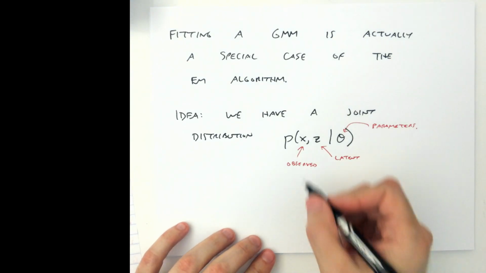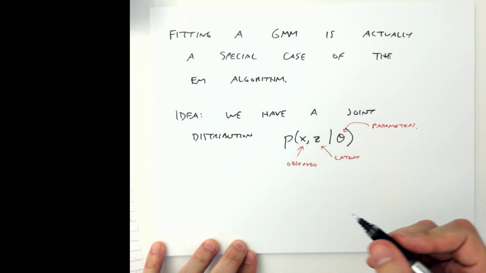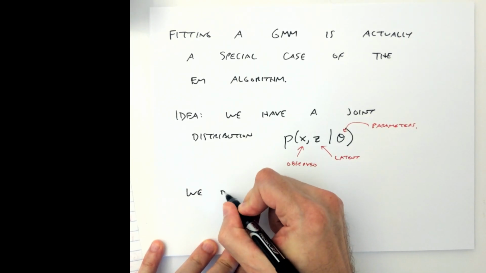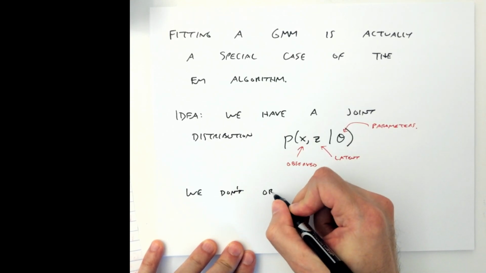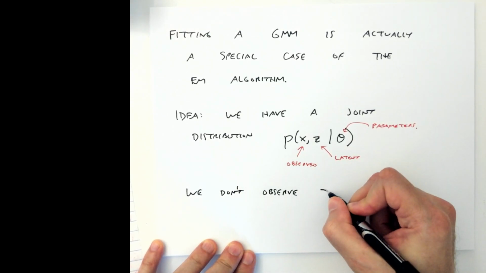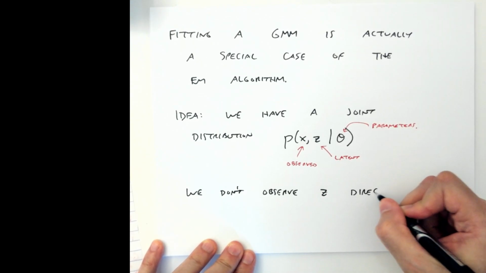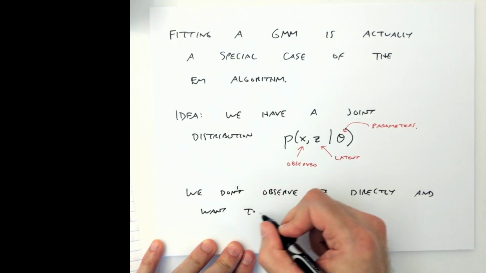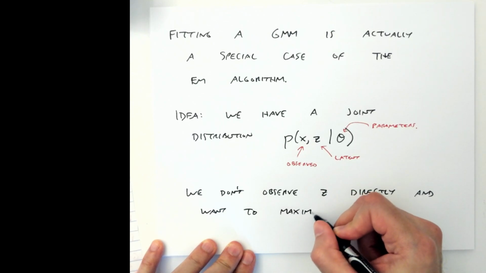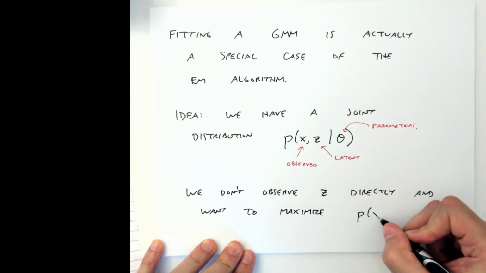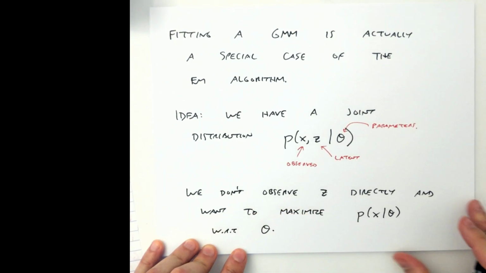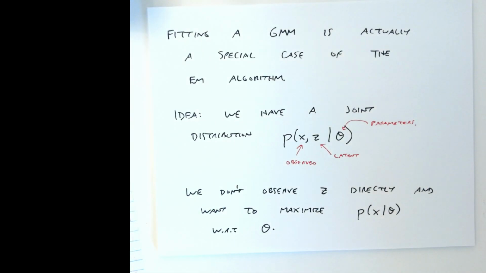So basically I have this distribution, but in general, we don't observe the z directly, and we want to maximize this with respect to theta. That's the general setup: I want to estimate my parameters given my data.